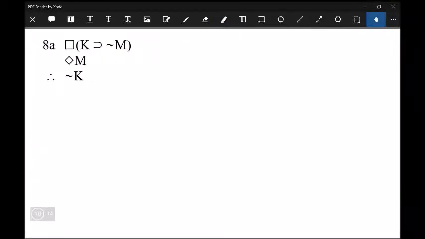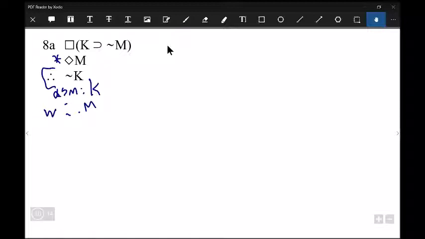Let's go through mechanically the first argument, the first version, where you have the box outside version. And this will be invalid. Assume K, possible M. Therefore, you put M in a possible world W. It's necessary that if K then not M, you put that in both worlds.